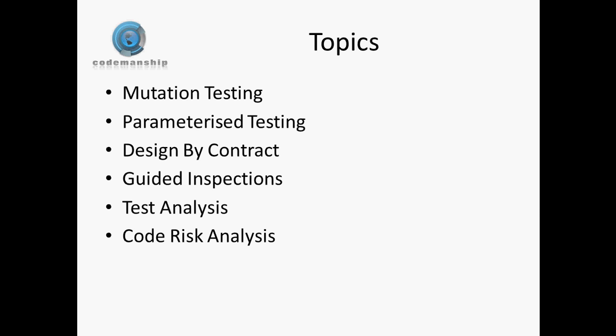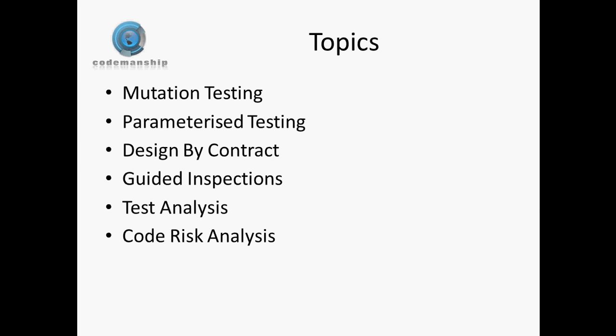The techniques I'm going to be covering in this course are mutation testing, which is a technique for testing your tests, parameterized testing, which is a technique for achieving high test coverage without necessarily writing a lot more test code. Design by contract, which introduces the concept of program correctness and then talks about how we ensure that the interactions between objects are correct.